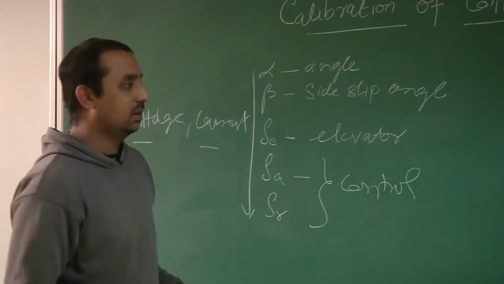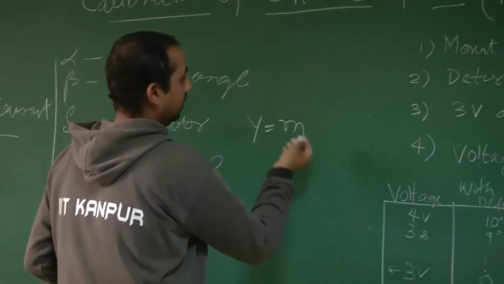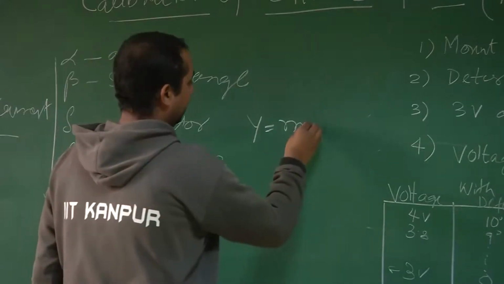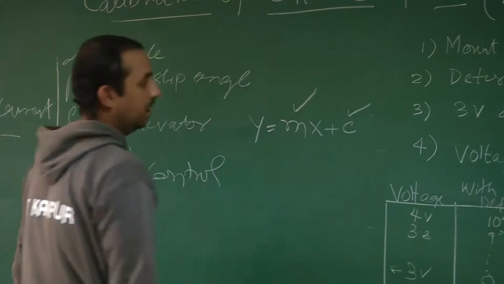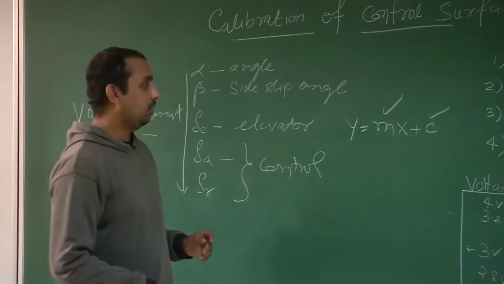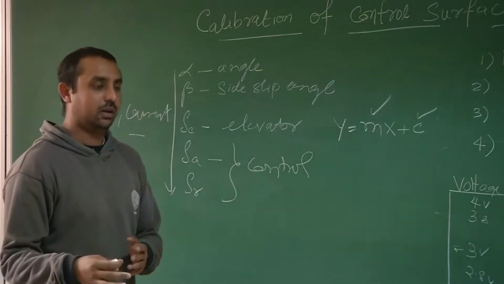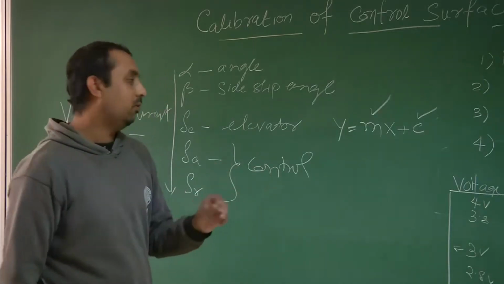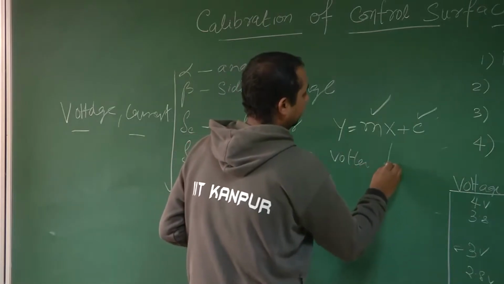Once calibration is done, that is, you have found a relation, assuming the control surface deflection and voltage have a linear relation, and once this constant and the slope are determined, then, if no interfacing or software or coding has been done, you will only get the voltage for some deflection.